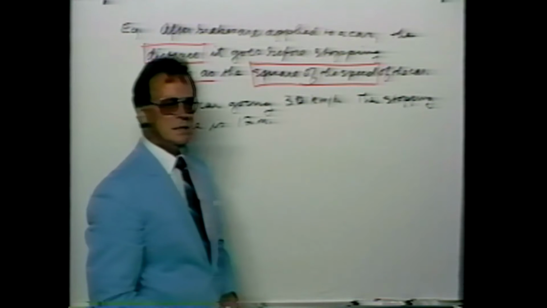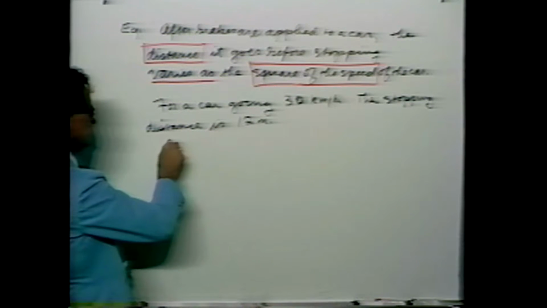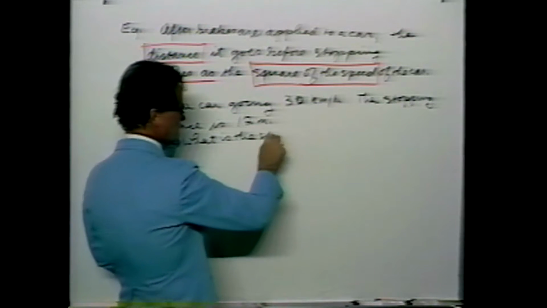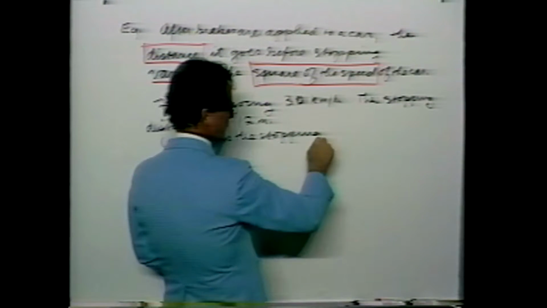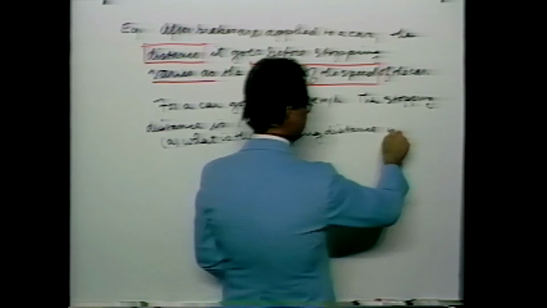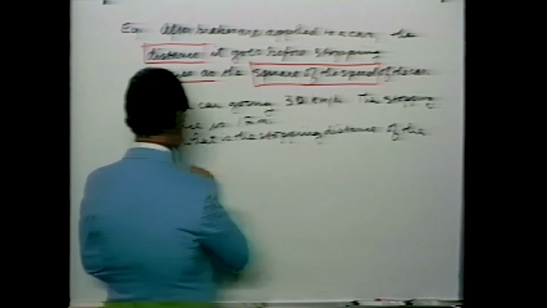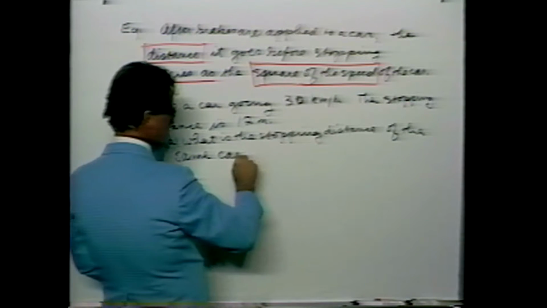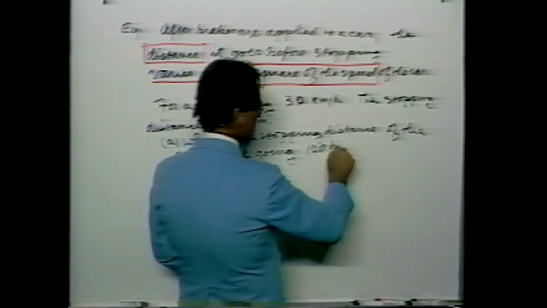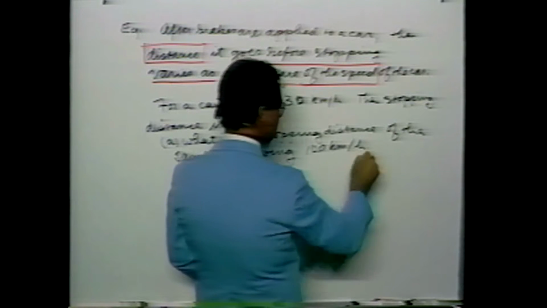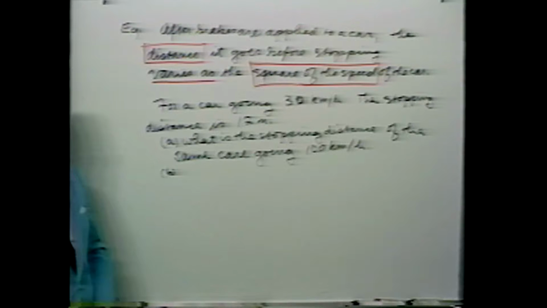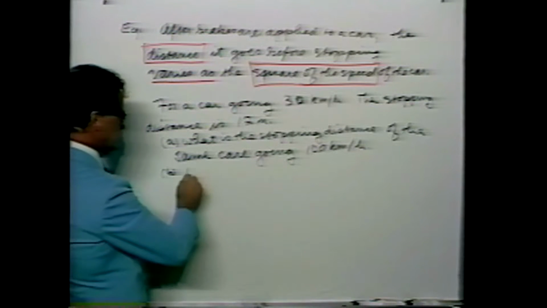A, what is the stopping distance of the same car going 100 kilometers per hour? B, what is its speed if it takes 200 meters to stop?